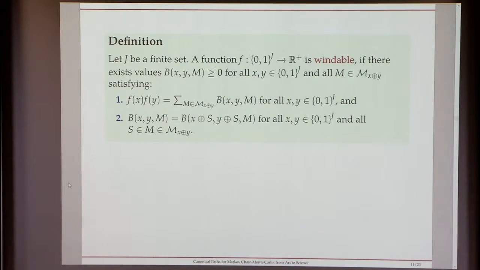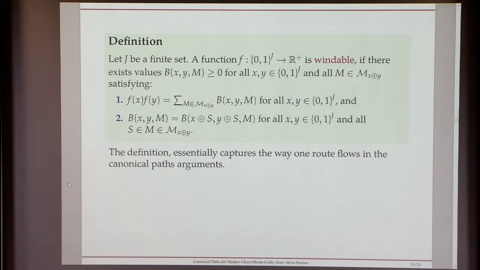What is m? m is a matching in the support of x or y. So remember the notion we defined before. Those values b are required to satisfy these two conditions. So what do these two conditions mean? Essentially this definition captures the way one would define flows in the canonical path argument.